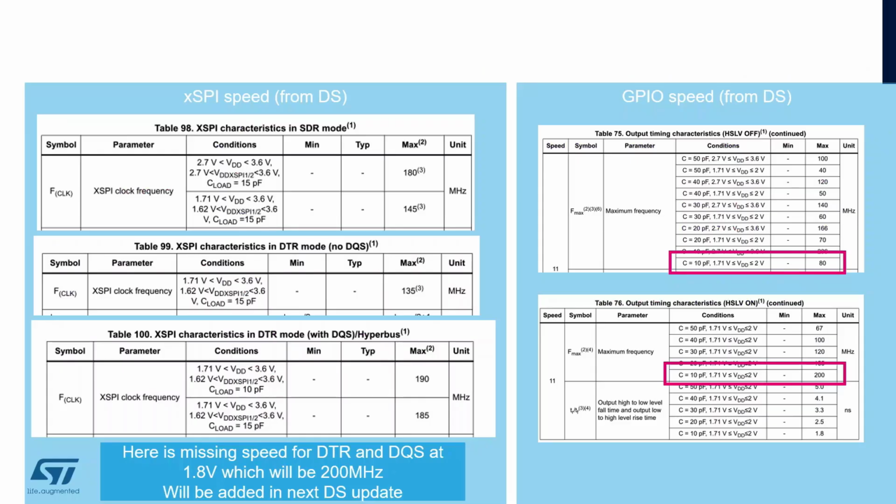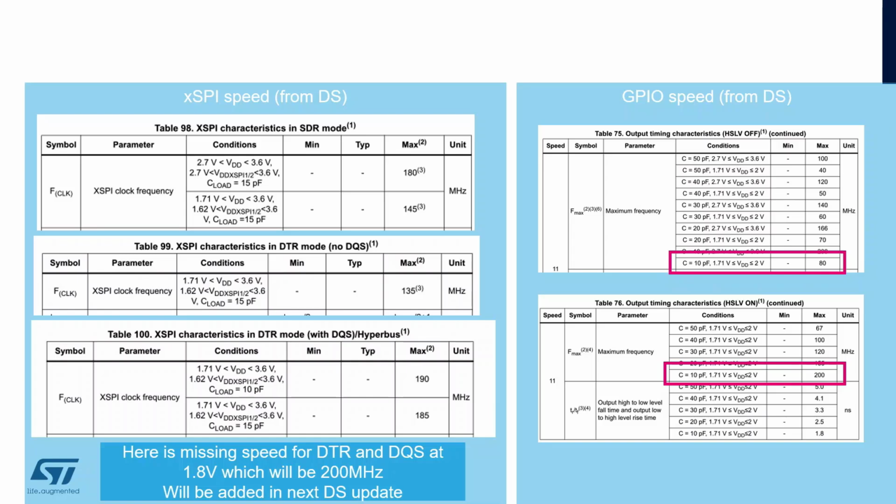I was talking about the speed of the OSPI, but it's also good to mention the speed of the STM32. I have here pictures from the STM32 datasheet, where we can check the maximum speed of the STM32 OSPI peripheral in the different modes.